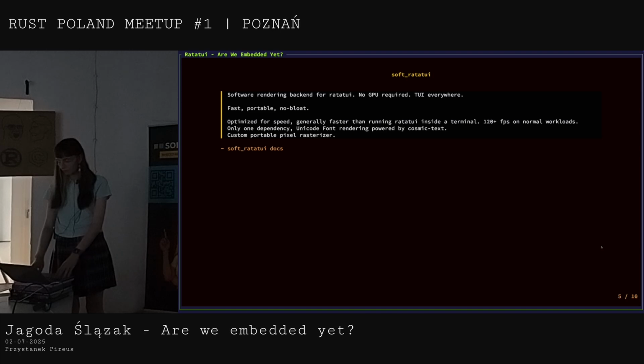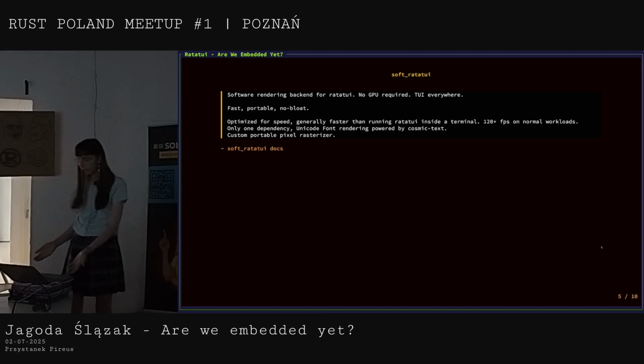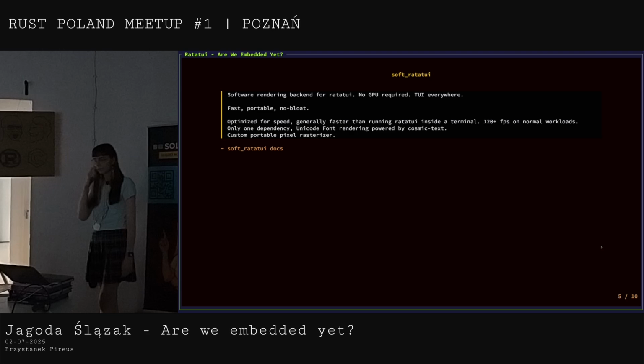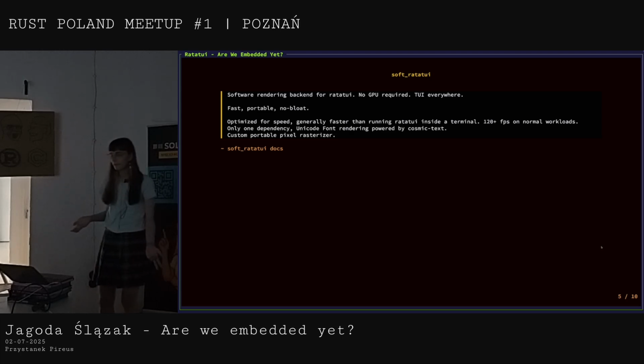I will showcase a few of these. The first one is Soft Ratatouille, and it skips the terminal emulator and draws directly to basically any pixel buffer.